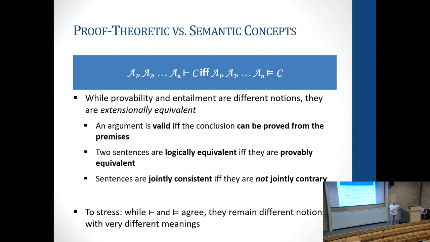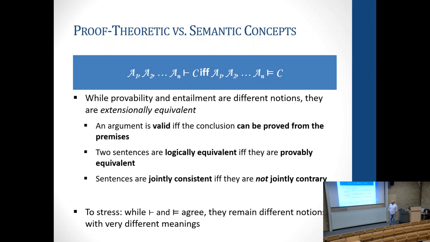So if you can take them as assumptions and derive a contradiction, you will have shown that they're jointly inconsistent. And remember the stuff we couldn't do with interpretations. We couldn't show that some sentences were jointly inconsistent. Now we can. We show that they're jointly contrary.